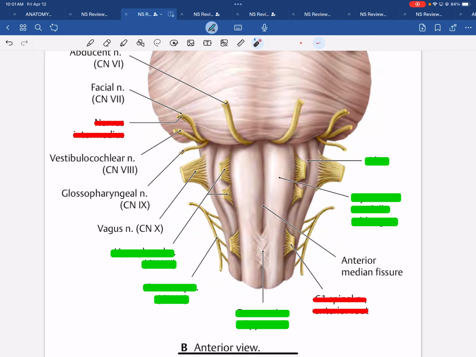What about the sensory? What are the sensory modalities of the vagus nerve? The visceral. Okay, so visceral sense. Everything that it's innervating parasympathetically, it's also receiving visceral sensory information from. Good. What is visceral sensory information? Can you describe that? Organ sense, like stretch. Like sensing the bladder. Okay, right.